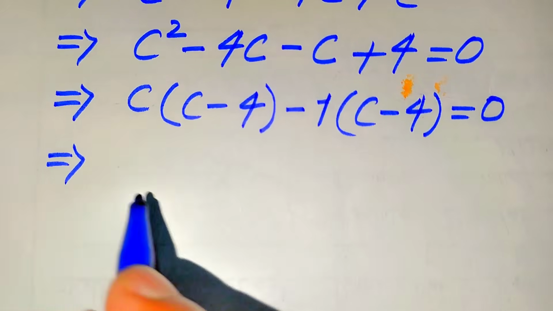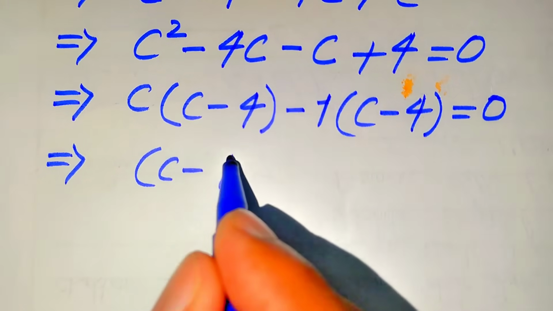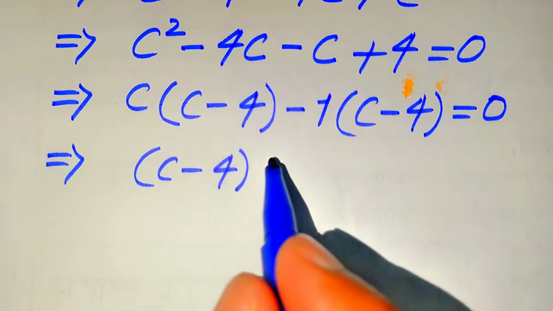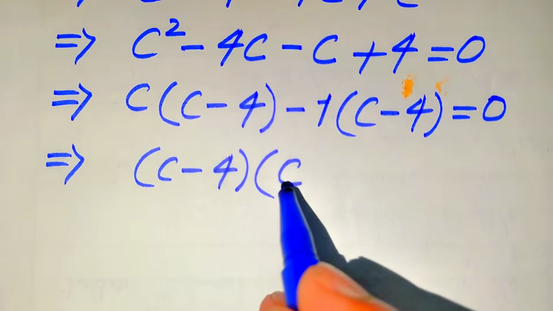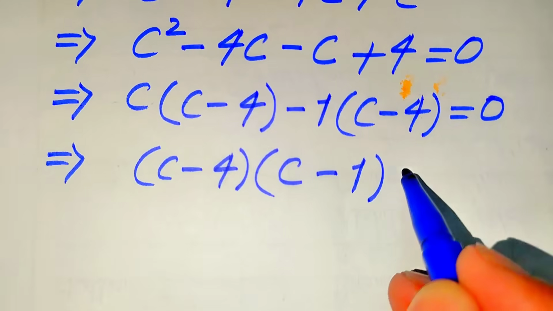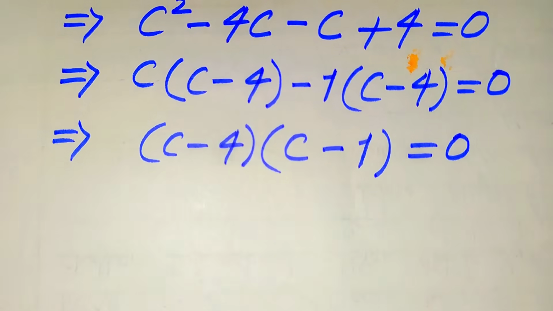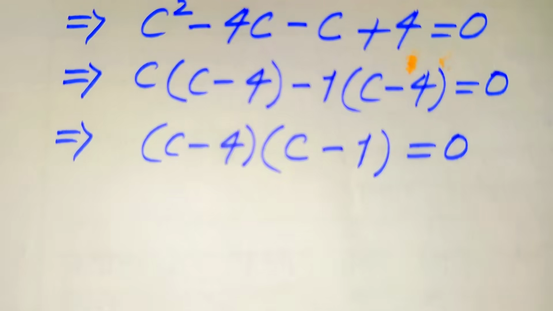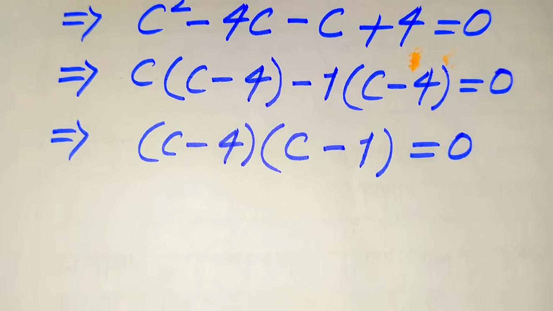And now in the next step we need to take common c minus 4, and when we take common c minus 4 the remaining values are: from here we get c, from here we get minus 1, and this whole equation is equal to 0. And further in the next step we divide this equation into two cases.